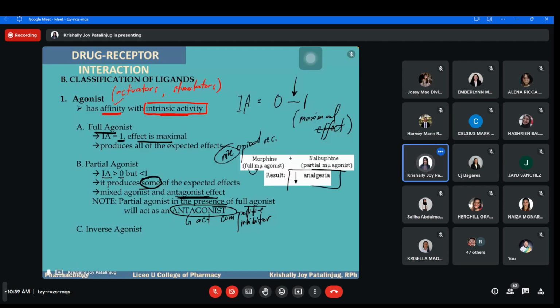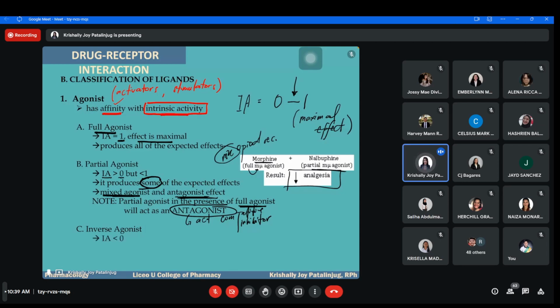Kaya, as a result, that would decrease the analgesia effect. So it would counteract the full pharmacological response ng morphine if it is being added with a partial agonist. So in nature, that's the action ng partial agonist if it is combined with a full agonist, kasi nga meron siyang mixed agonist and antagonistic effect.